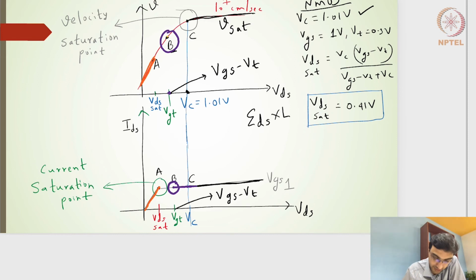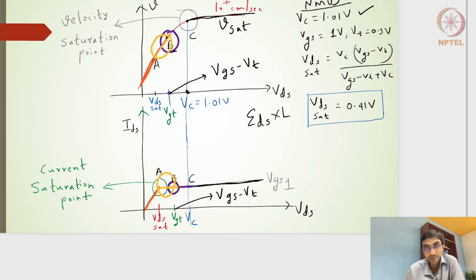In the current profile, it reaches saturation not at C, not at B, but at A. That means the straight line starts from point A, although the velocity profile is still a linear profile from A to B. In fact, even before A it was a linear profile.